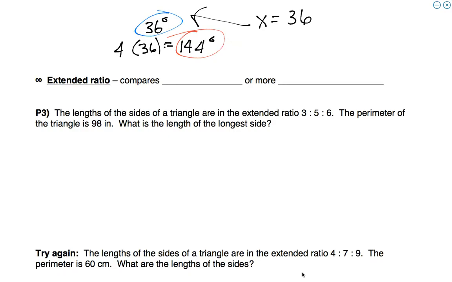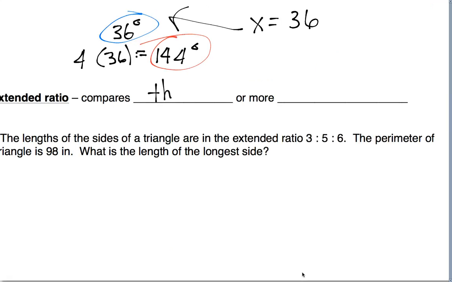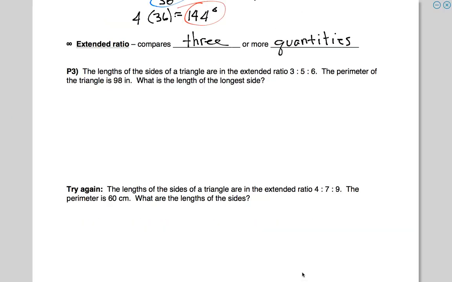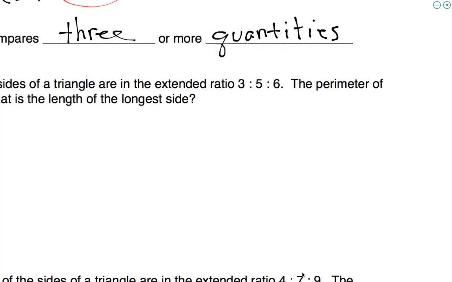An extended ratio compares 3 or more quantities. So the lengths of the sides of a triangle are in the extended ratios 3, 5, 6.